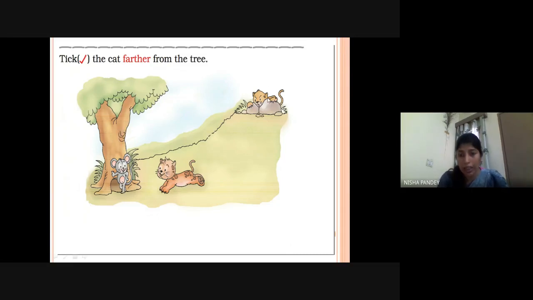This is another cat hiding behind a stone. Right? So which cat is farther? This one. Yes, because this is away from the tree and this one is a little close. So the cat is away from the tree, so it means it is farther from the tree.